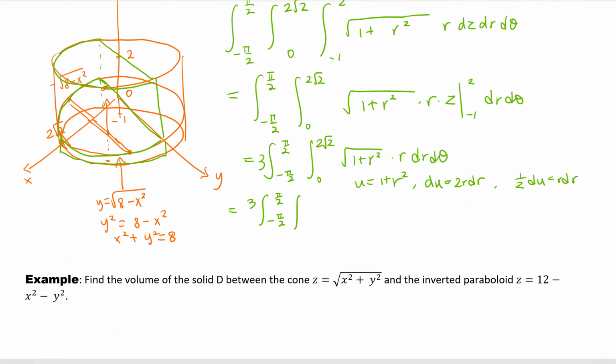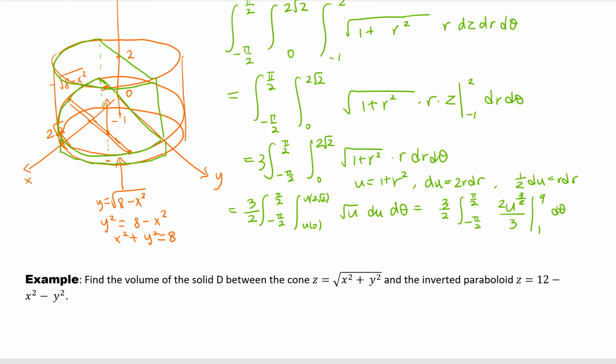Okay, so this is like u to the 1/2. The integral of u to the 1/2 is u to the 3/2 over 3 times 2. Evaluate. U of 0: 1 plus 0 squared is 1. U of 2 square root 2: 2 square root 2 squared is 8, and 1 plus 8 is 9.